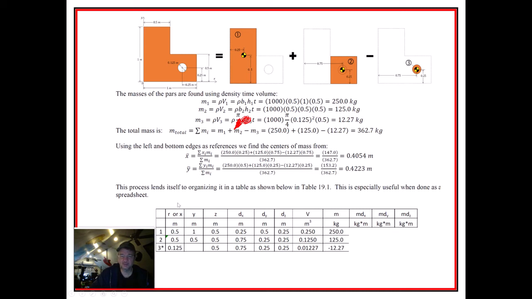Now I could actually put that up as a cell somewhere in Excel so I could change the density if I want to. But I calculate these out. There's just the volume times that, and then I multiply each of these masses times dx, dy, dz, so I get these right here. Then I sum up these columns, and here's the total mass.